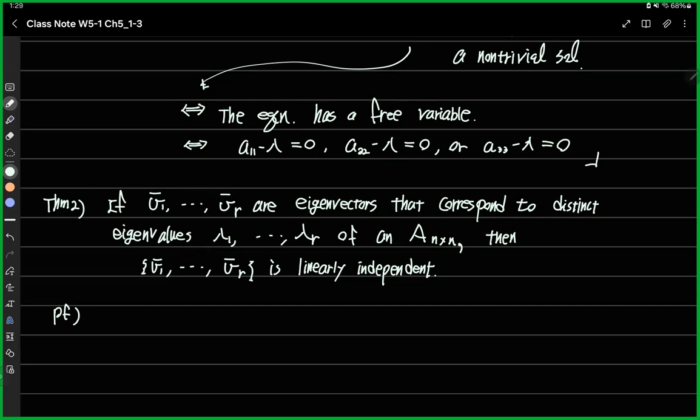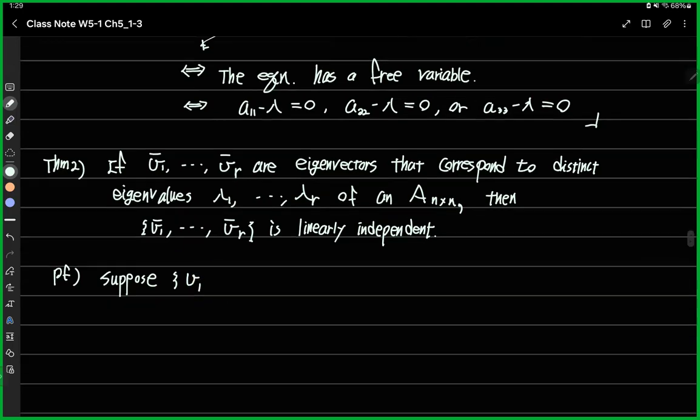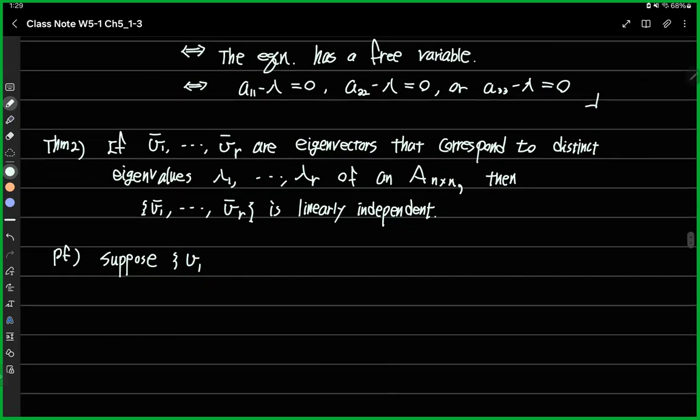Let's see, proof. Suppose that v1 to vr is linearly dependent, and then we end up with a contradiction.